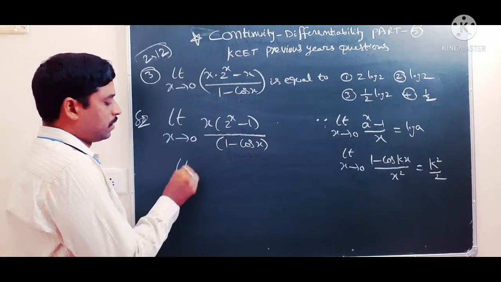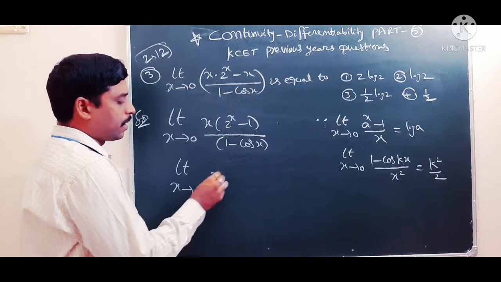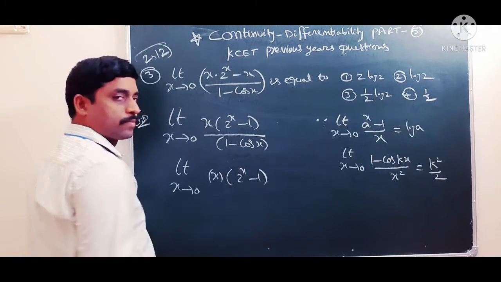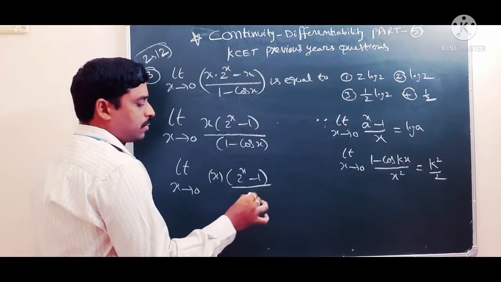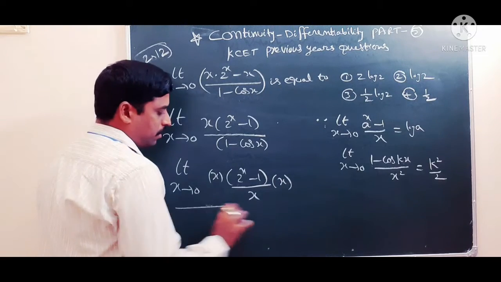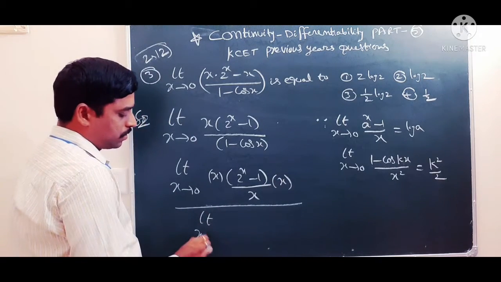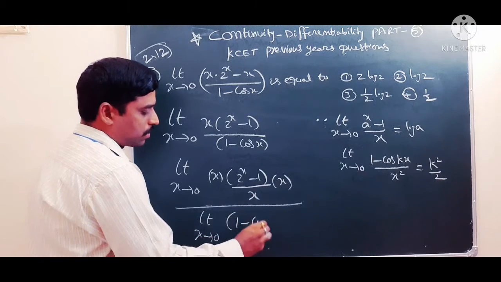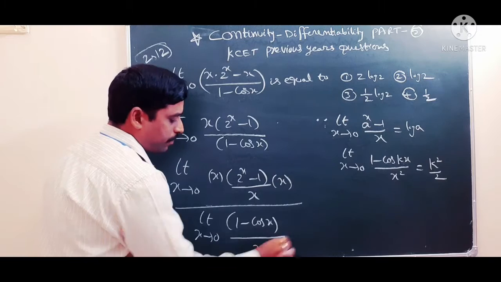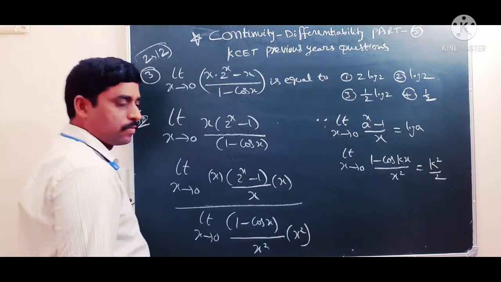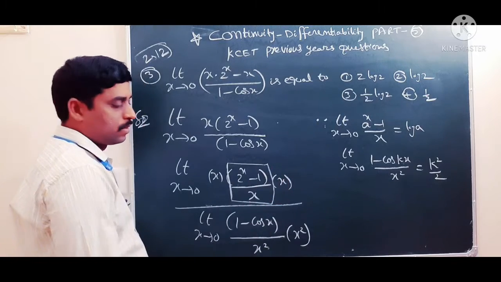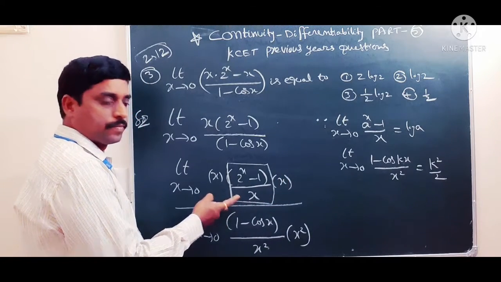So now limit x tends to 0, x into 2 power x minus 1. So in the numerator we divide and multiply by x, and in the denominator, limit x tends to 0, 1 minus cos x, we divide and multiply by x square. Why? Because this is 2 power x minus 1 by x, for which we have formula log 2.